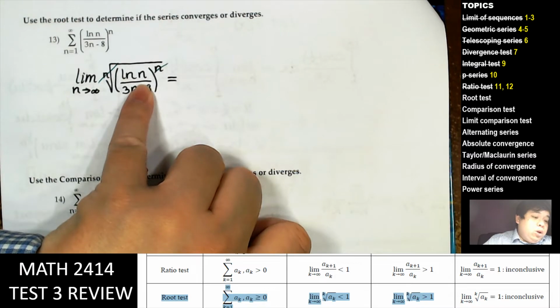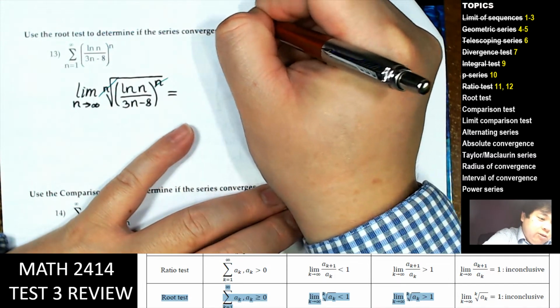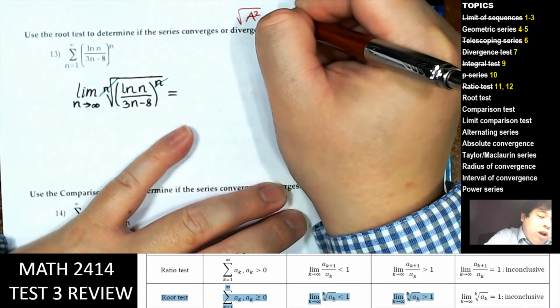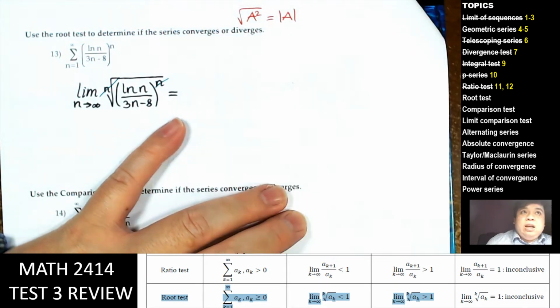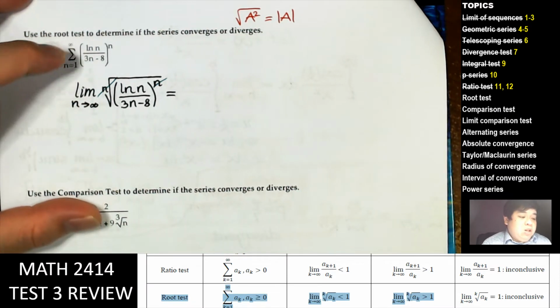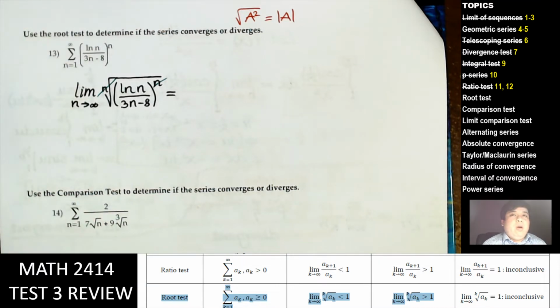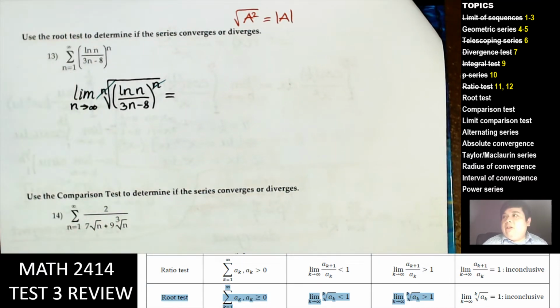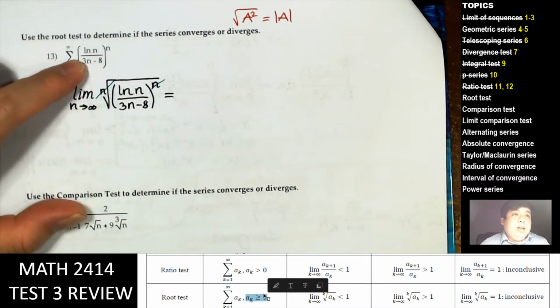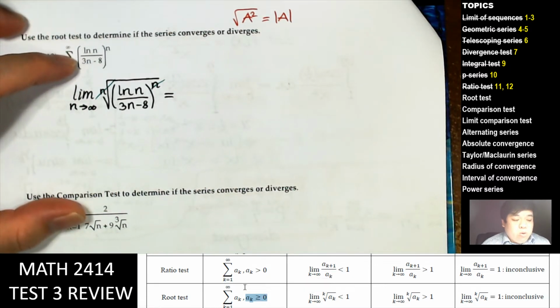The reason we can do that, even though technically when we have the square it's just the absolute value of a, is that ln of n is positive when n is bigger than 1, so we have positive on the top, positive on the bottom, which is positive. Remember, the root test only works if the term is greater than or equal to 0, and all the terms are greater than or equal to 0.